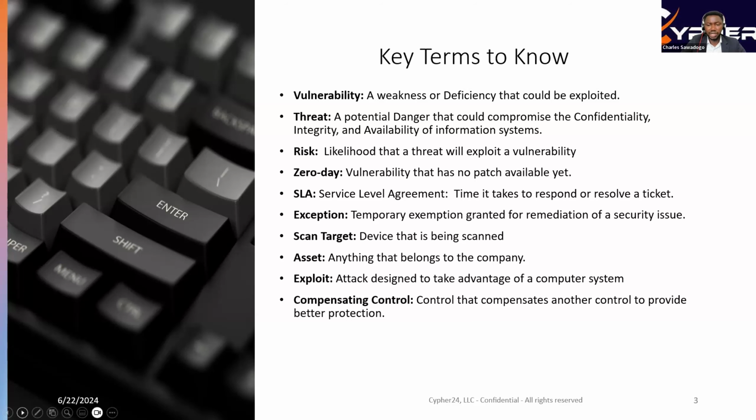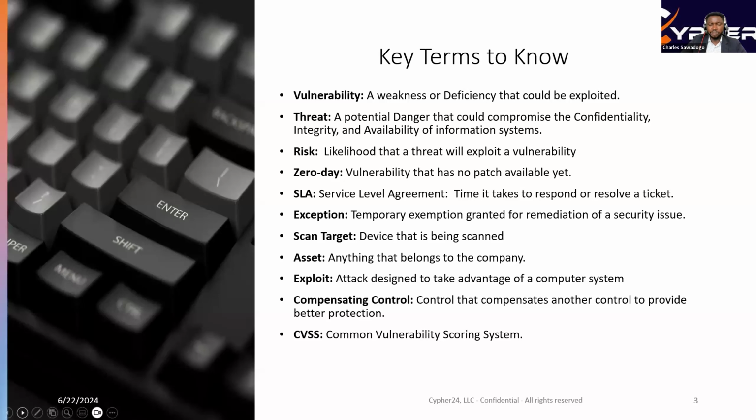It's a control that you put in place to provide a better protection. For example, a vulnerability has been discovered, but it's a 0 day vulnerability, meaning the vendor does not have a solution to it yet. What other control can we put in place to provide a better protection while we are waiting for the vendor to release the solution to that vulnerability? Okay.